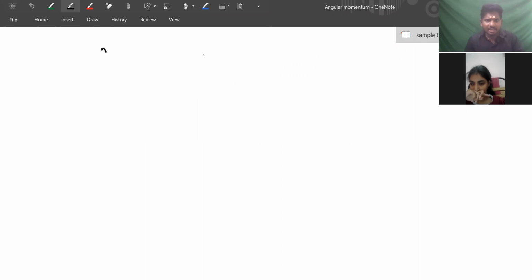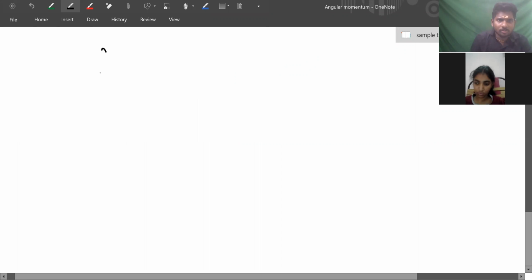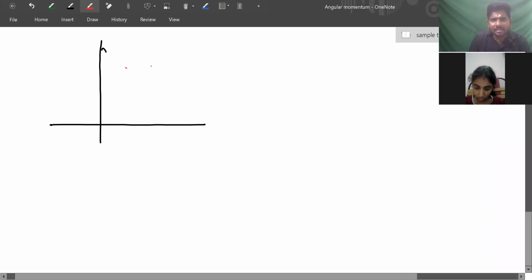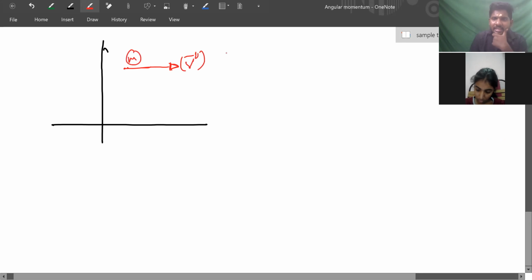One question is asked on this. A particle is going parallel to the x-axis like this, with constant velocity, and the given mass is fixed. It has constant linear momentum.